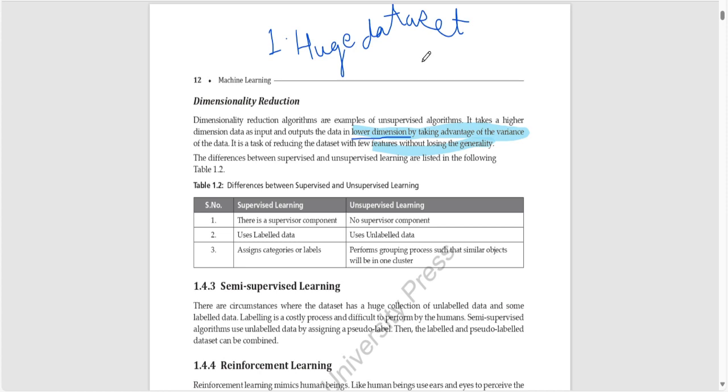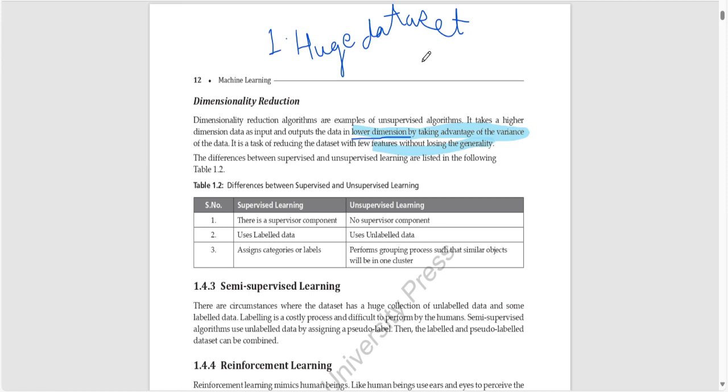and the complexity is reduced. What happens if we take a low number of data? Faster training will happen, and then the model will get generated, and after that we can get the output in less time, and there will be fewer errors if we take a small data set.